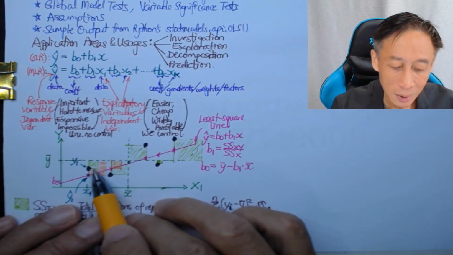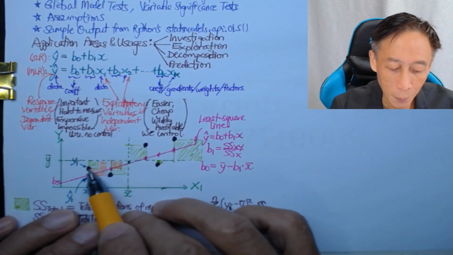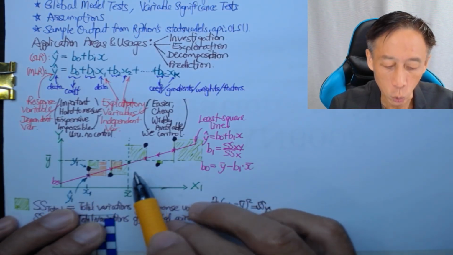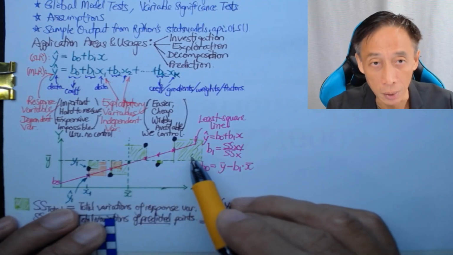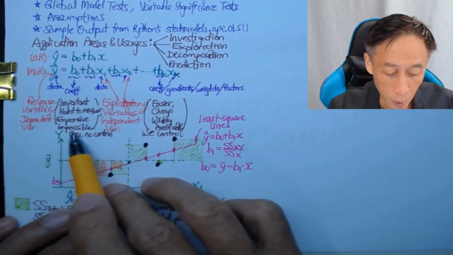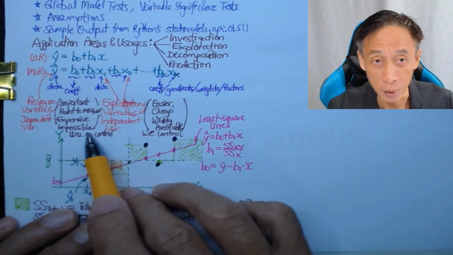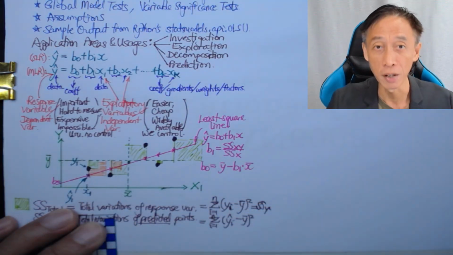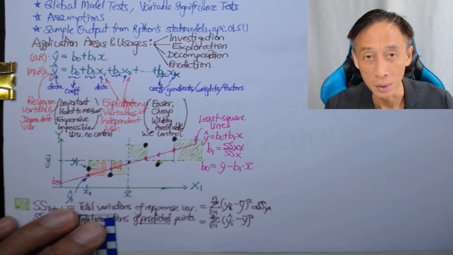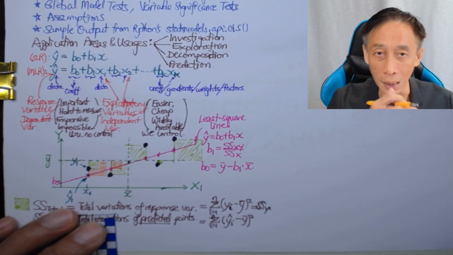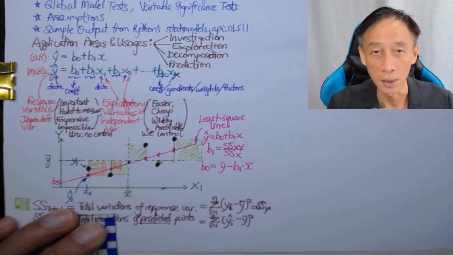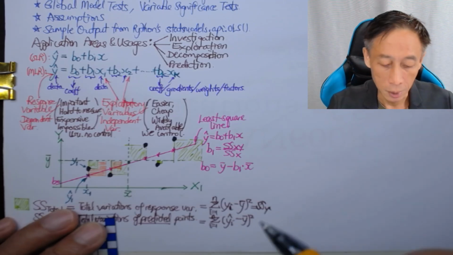Remember the actual data points y, that means the green squares, they are natural phenomenon or uncontrollable phenomenon like GPA, right? So they are fluctuations. Your GPA fluctuates from semester to semester. Your exam score, assuming same difficulty, your test scores, right, fluctuate from test to test. And that fluctuation is natural phenomenon.